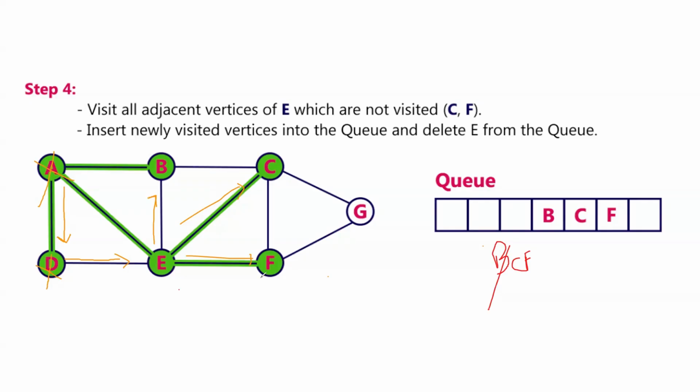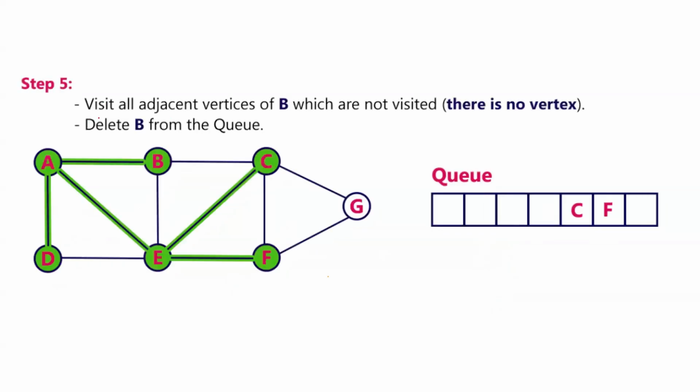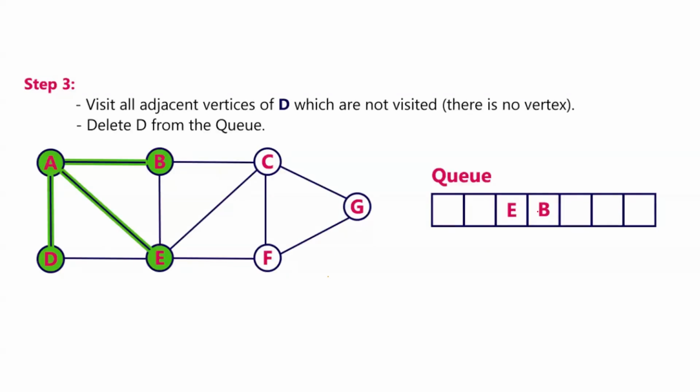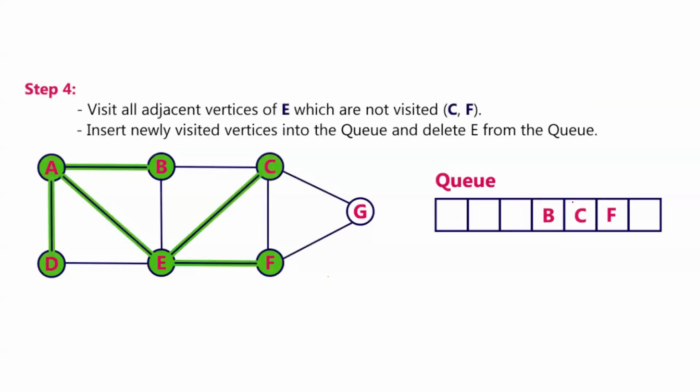We enter C and F, right? You can see here, if we visited C, we deleted the previous graph. We have E to B, but we didn't enter B again because B already exists. So we entered just C and F.